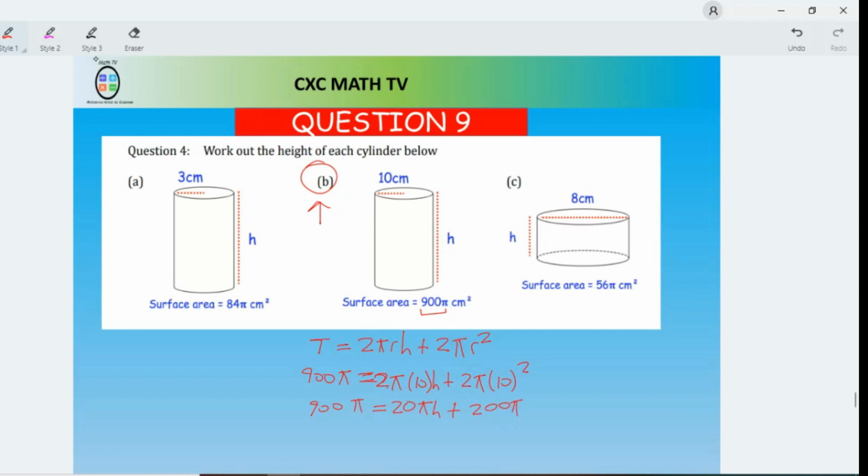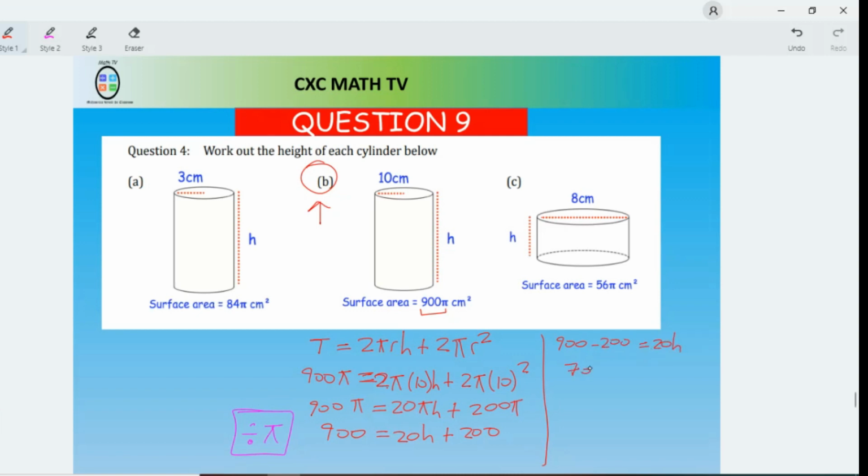Now guess what? We notice that this entire equation has pi in it. So why not divide through by pi? If we divide the entire equation by pi, it becomes 900 equals 20h plus 200. That's amazing. So now we can bring over and say 900 minus 200 equals 20h.